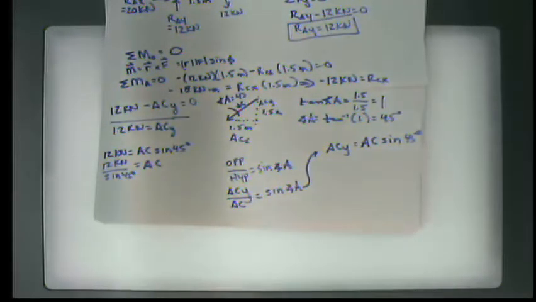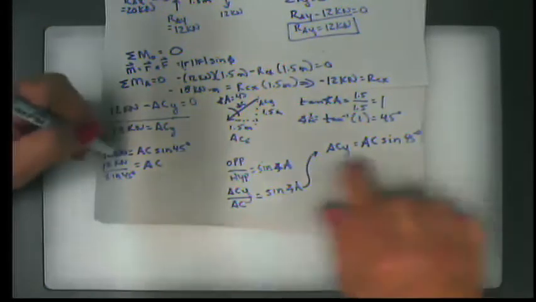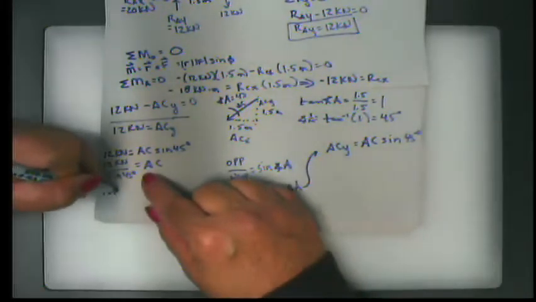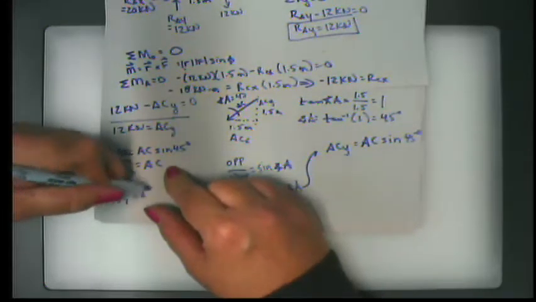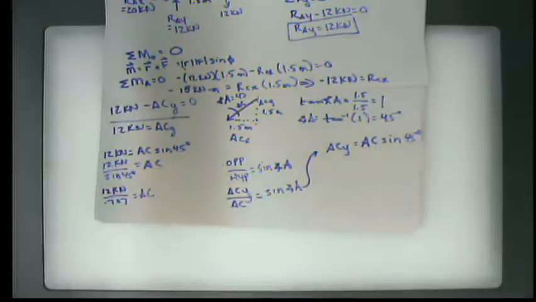And we should all know what the sine of 45 degrees is, 0.707, I think. Sine of 45 degrees is 0.707. So that means 12 kilonewtons divided by 0.707 is equal to the force in AC.